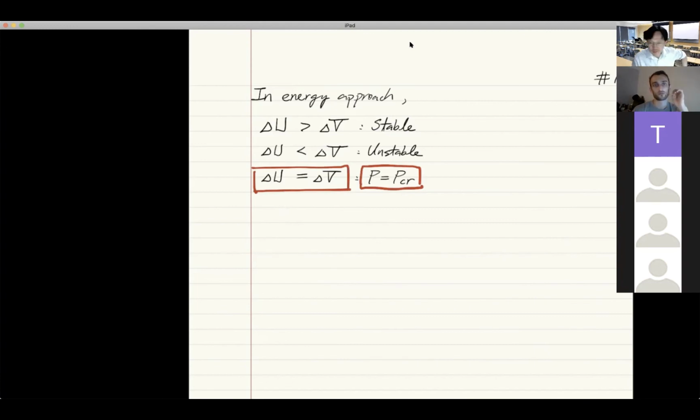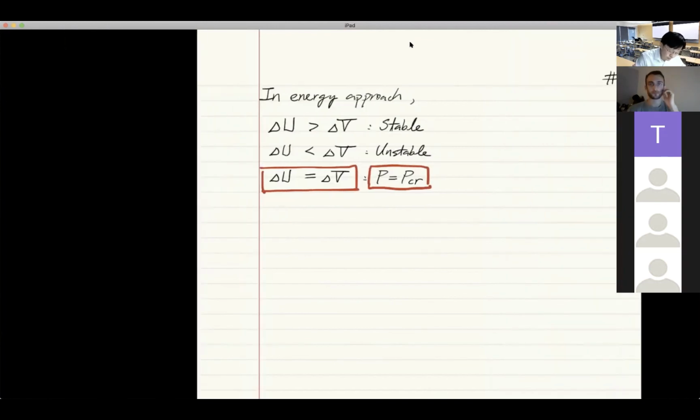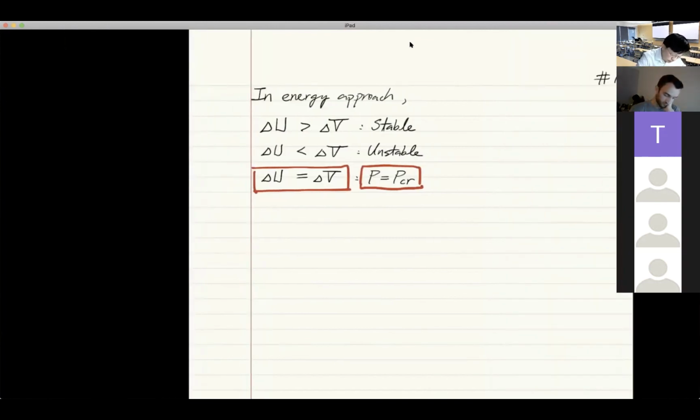But furthermore, there's more the energy approach can tell us, such as when the derivative of the total potential energy with respect to the variable, in here we use theta, so we're going to say d capital pi d theta.